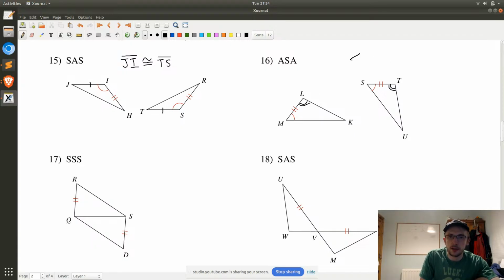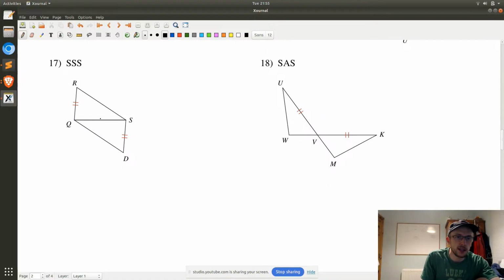I would have to know that angle MLK is congruent to angle STU. Or I guess they named it by a single letter, but that's totally fine. Yeah, and that's correct.